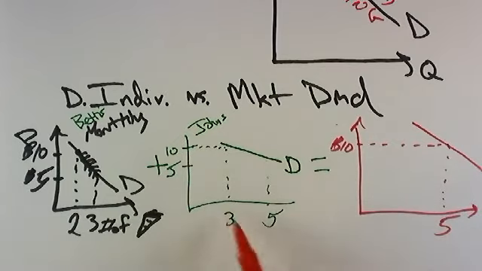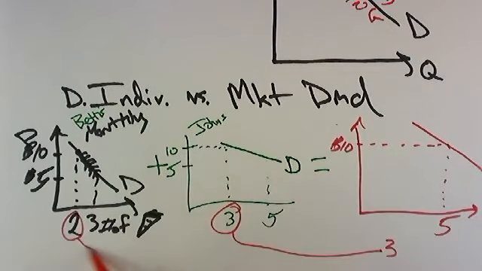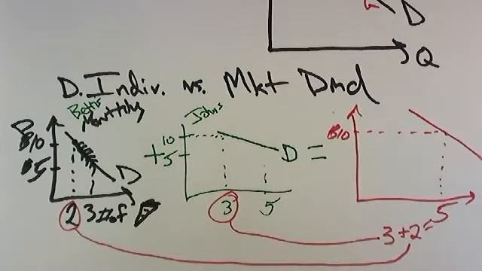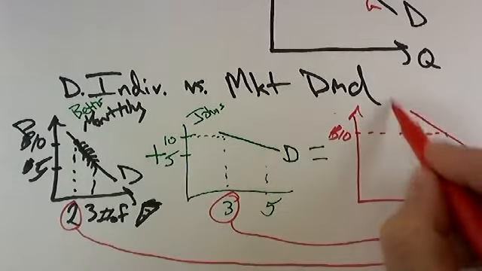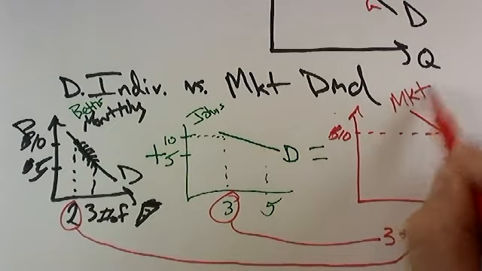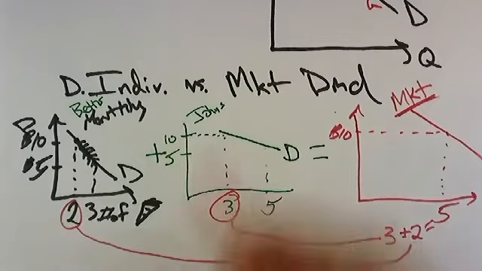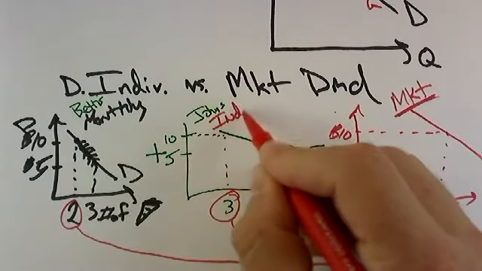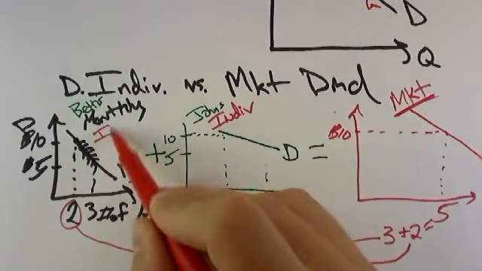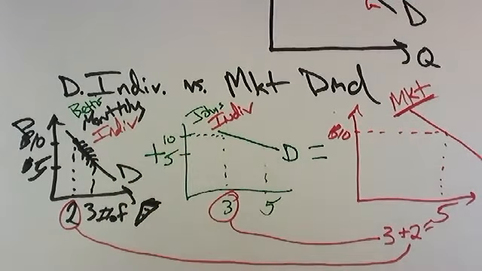It's this 3 plus this 2 gives us that 5. Does that make sense, everybody?